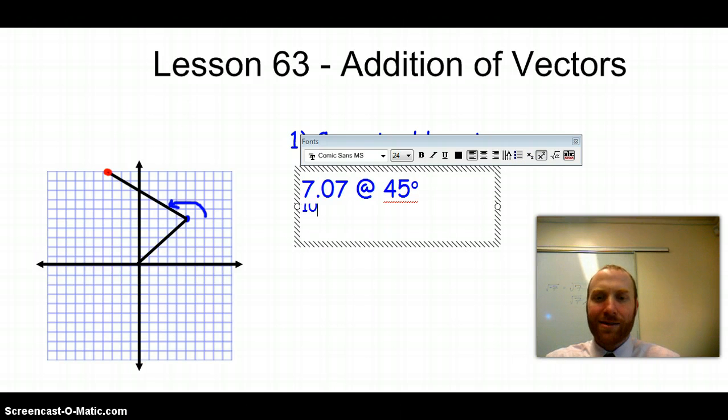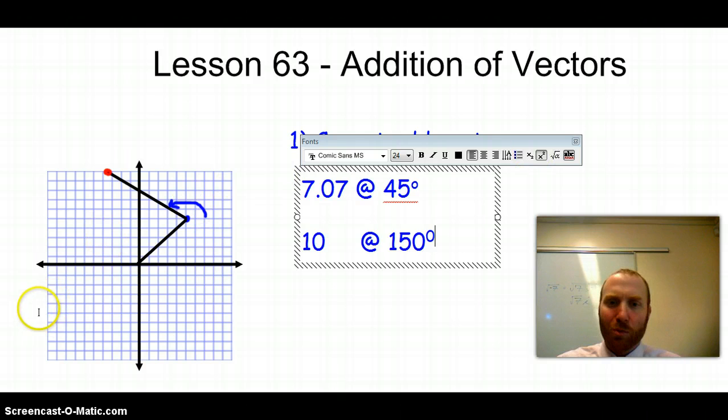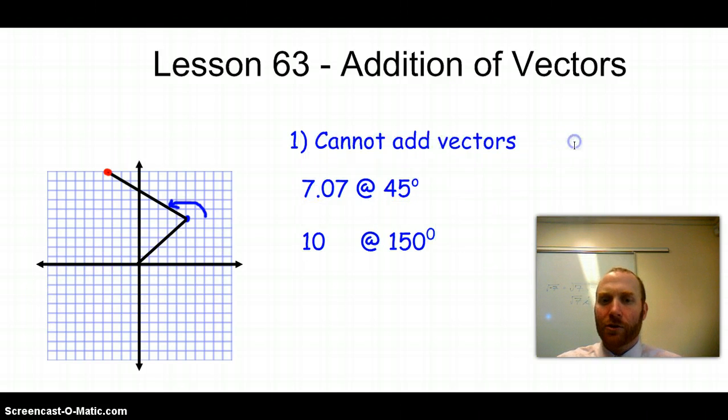Then I went 10 at 150 degrees. Did I end up at 17.07 and 190 degrees? Well, 190 degrees puts me in the third quadrant. No, I did not end up in the third quadrant, somewhere down here, 17.07. So you cannot add vectors.